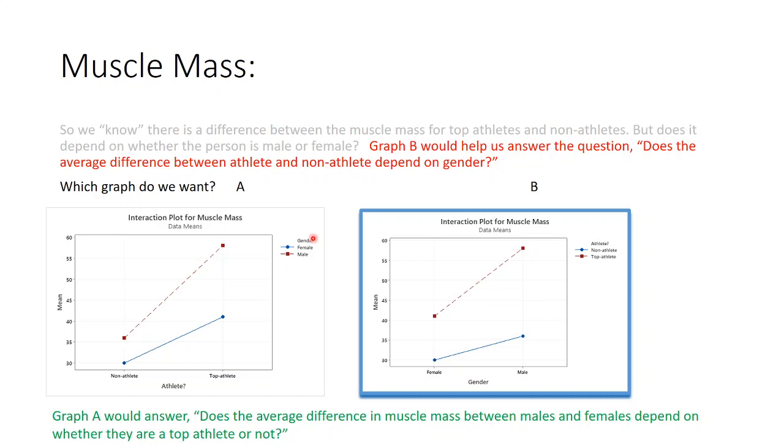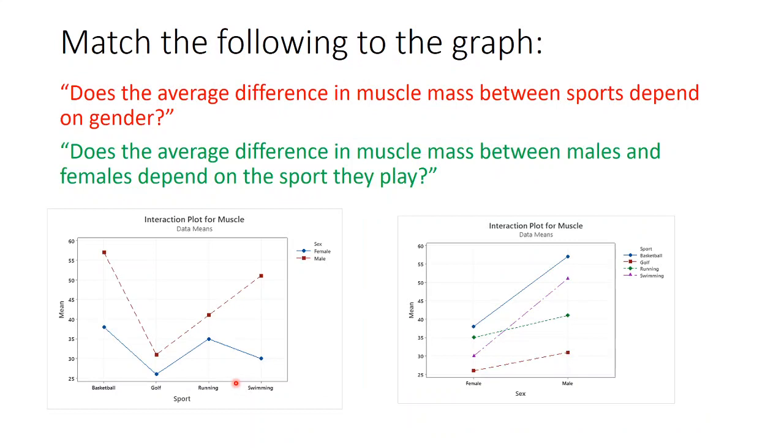Graph A would ask, does the average difference in muscle mass between males and females depend on whether they're a top athlete or not? So that's one thing you can try to do to understand the interaction plots.